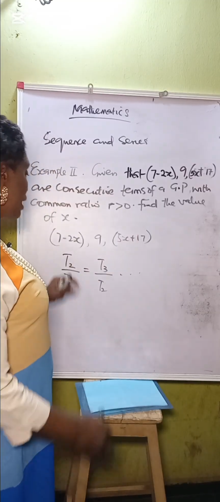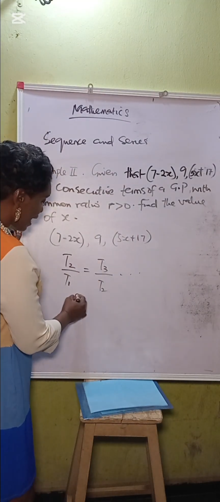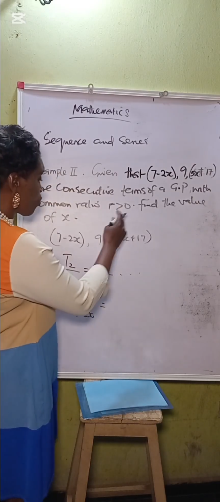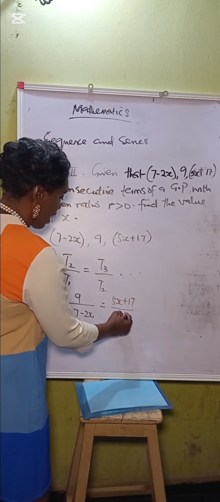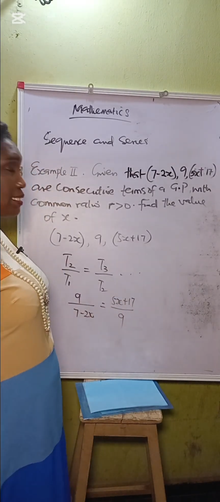So what I have is 9 over 7 minus 2x is equal to 5x plus 17 over 9.